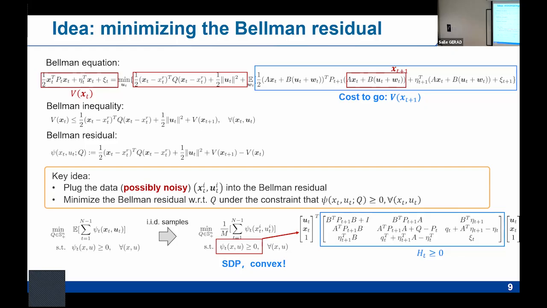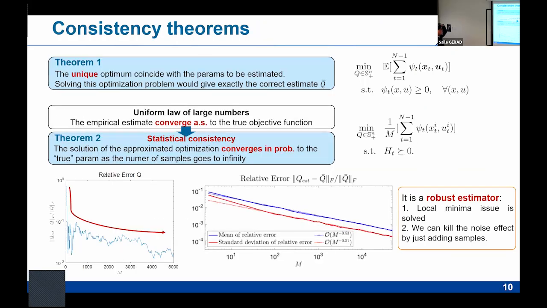It's a convex optimization, and we can prove that the unique optimum coincides with the parameters to be estimated, which is our Q bar. If we plug in IID samples, will it converge to the true value as m goes to infinity?